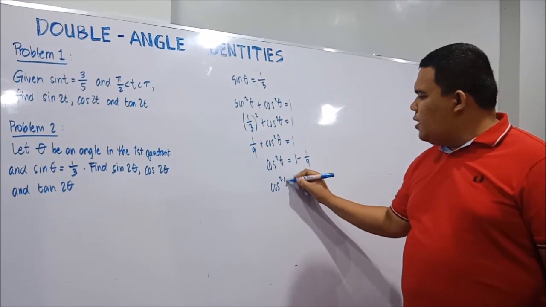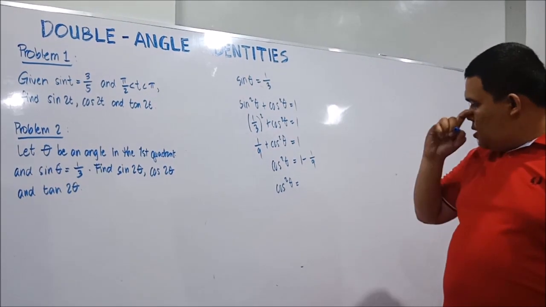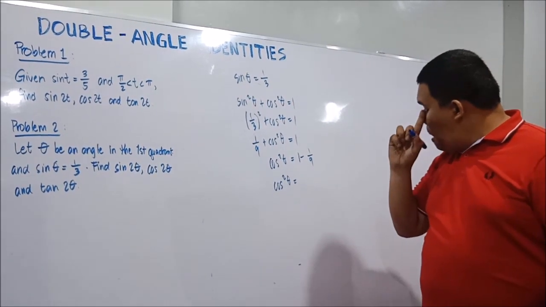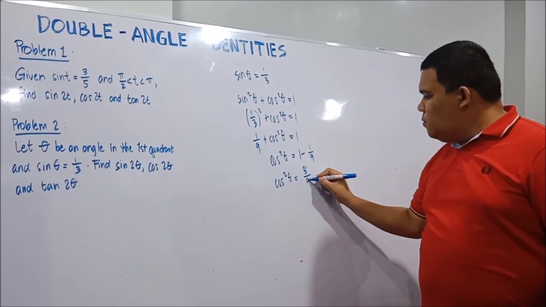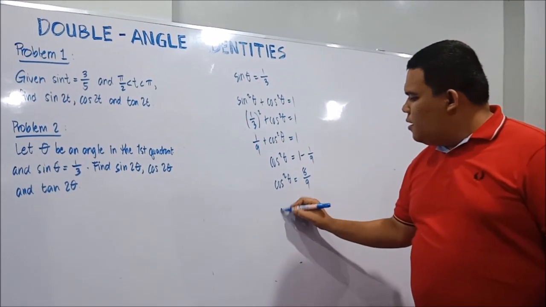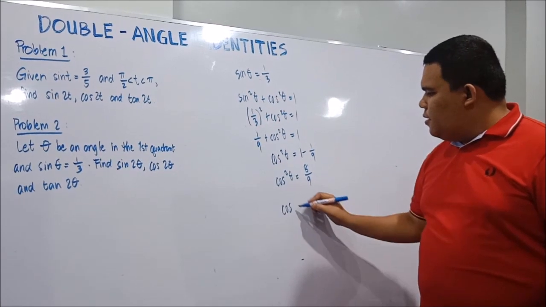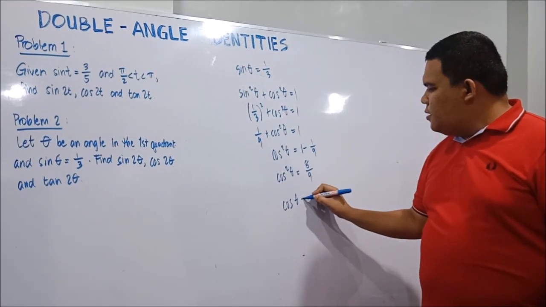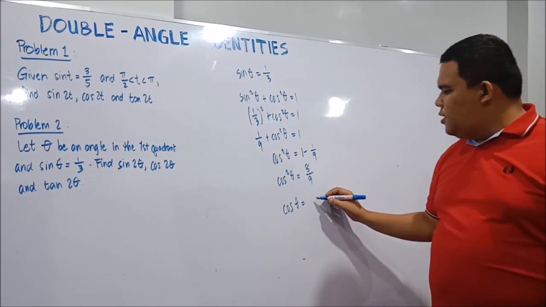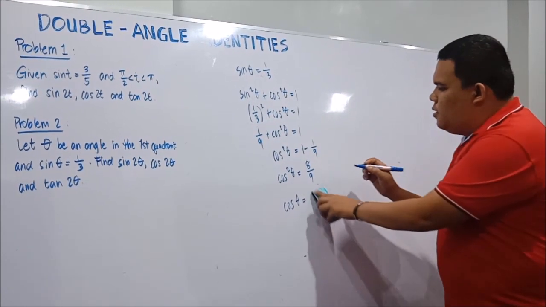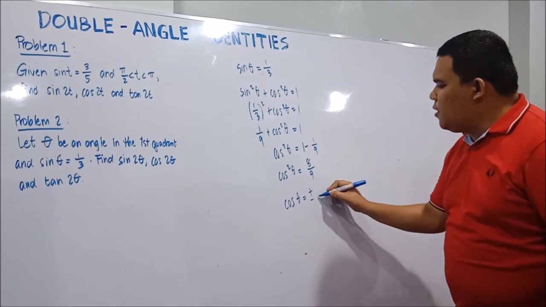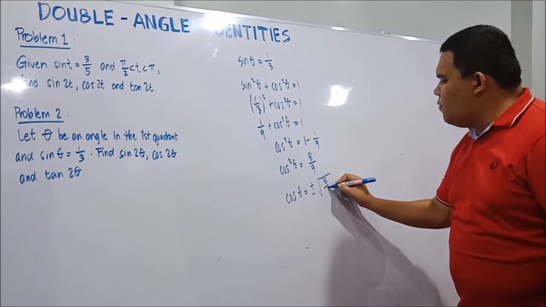Finally, cosine squared theta is just equal to 8/9, and cosine theta is just the positive and negative square root of 8/9.